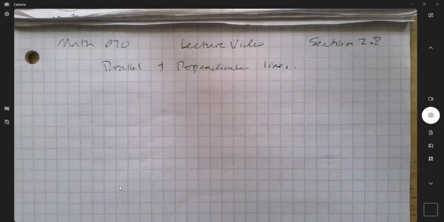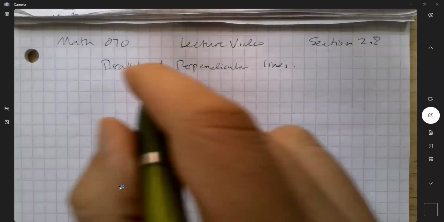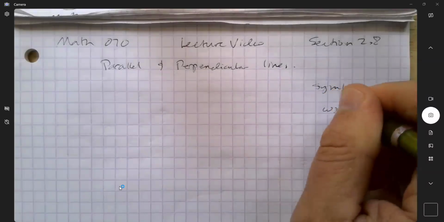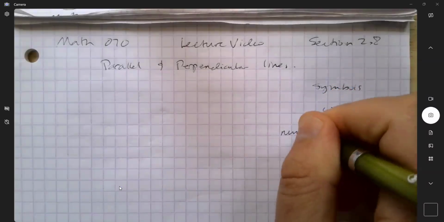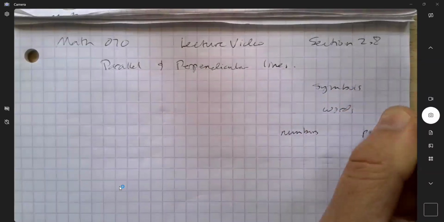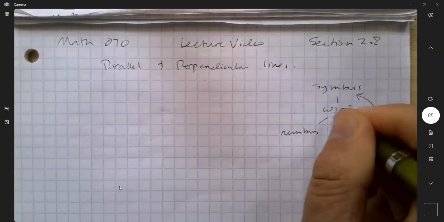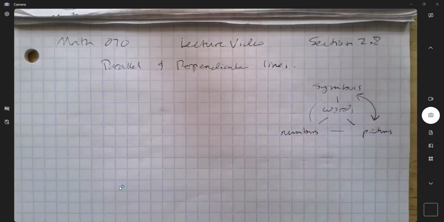Okay, so parallel and perpendicular lines. Thinking back to our representations: symbols, words, numbers, and pictures, it's mostly going to be symbols and pictures. We can, of course, think about representations with any of them, but this is mostly going to be symbols and pictures.